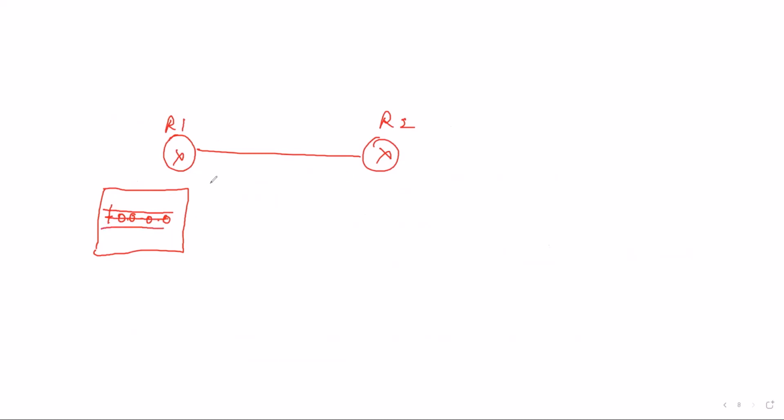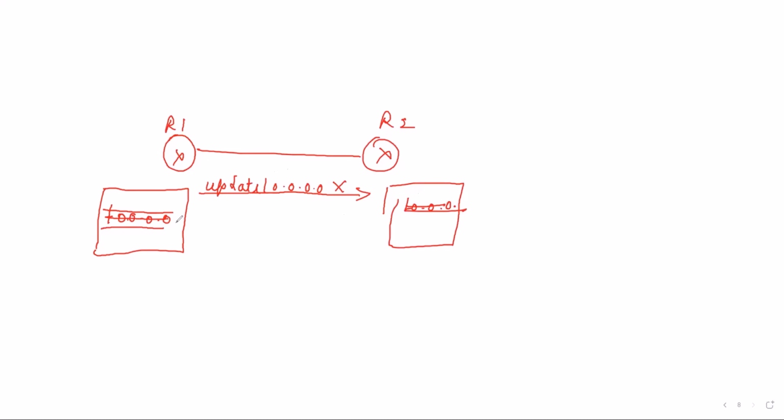But OSPF will send only an update message, and it will say to R2, 10.0.0.0 is not there anymore, please remove it. So R2 will also remove this 10.0.0.0. So this is the quality of OSPF. OSPF will not send everything every time.